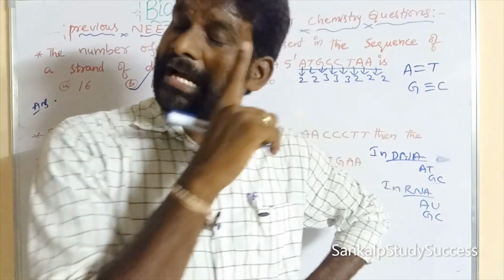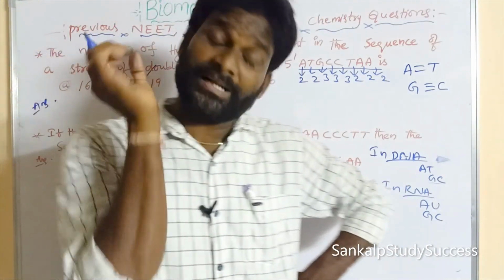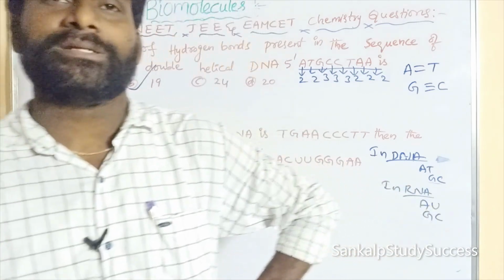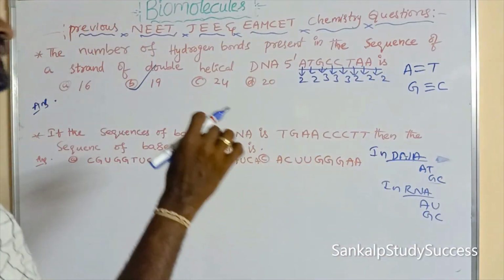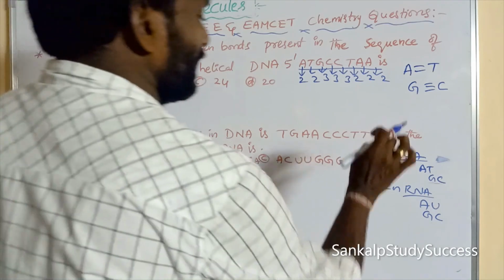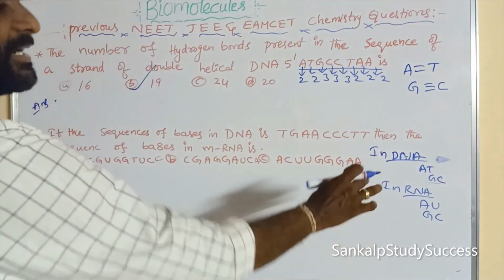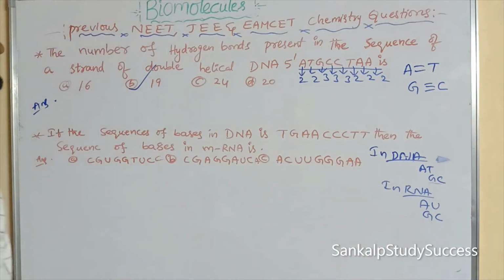Both DNA and RNA contain 3 common bases: adenine, guanine, cytosine. They differ in thymine and uracil: DNA contains thymine and RNA contains uracil.